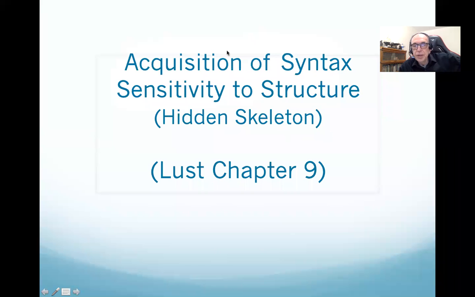Chapter 9 is about the evidence that we have from babies that they may be sensitive to this hidden skeleton, may be operating with reference to it, maybe not aware of it, of course not aware.